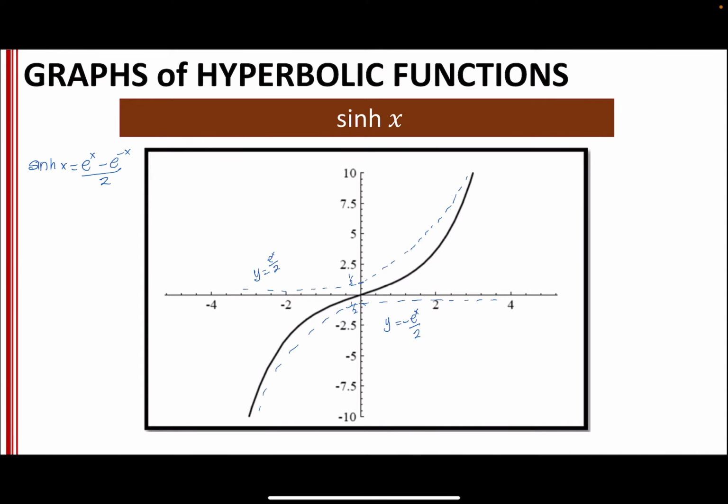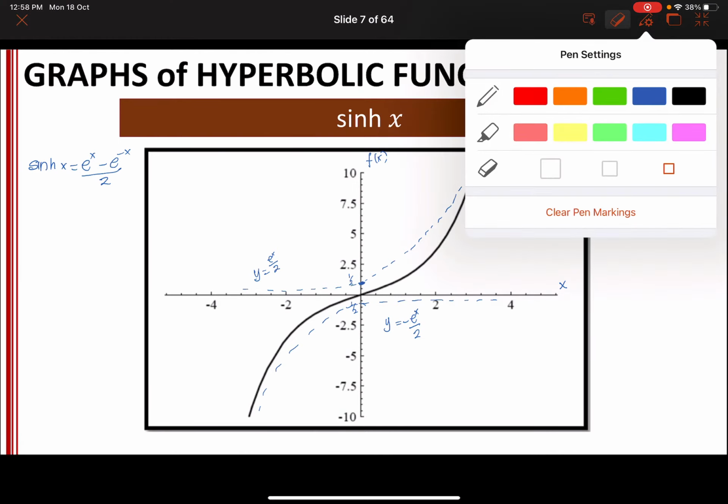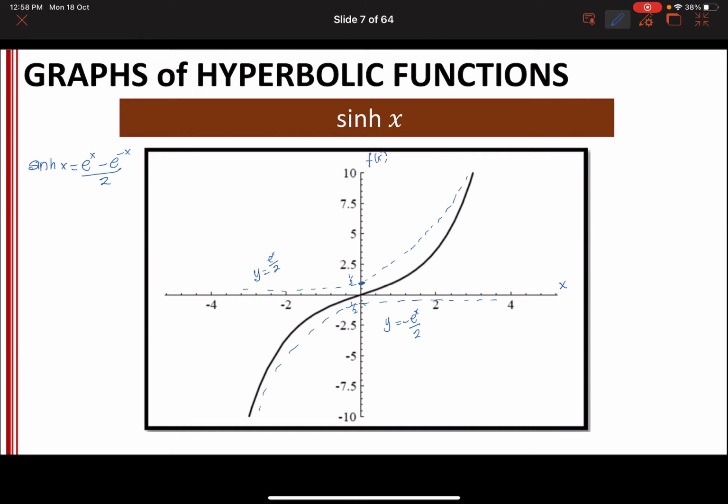So the graph of sinh is e^x minus e^(-x) over 2. If we take x equal to 0, this is my x, this is my f(x), which is equal to sinh x.